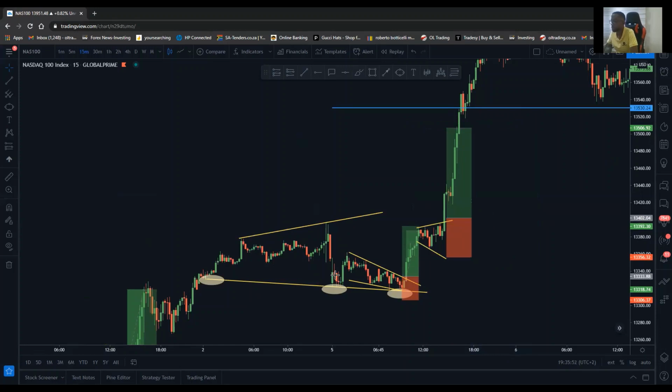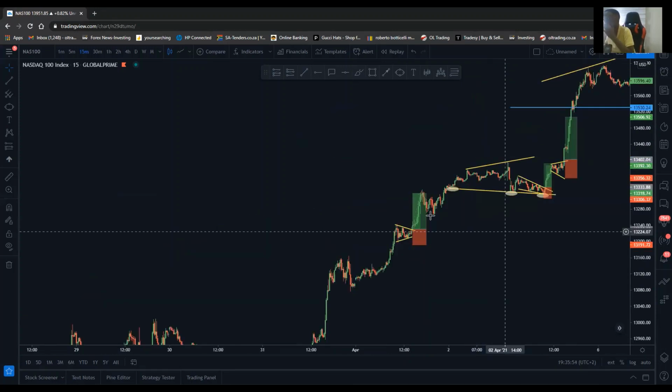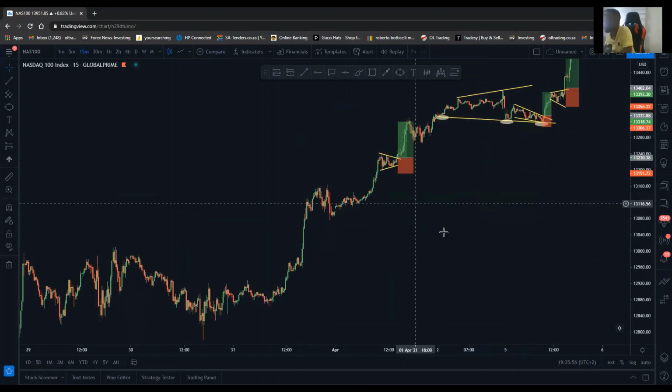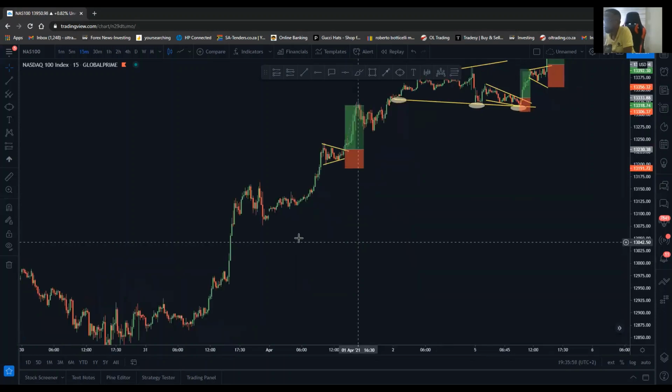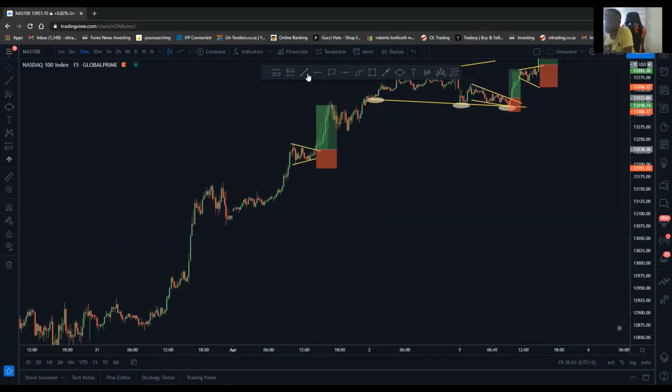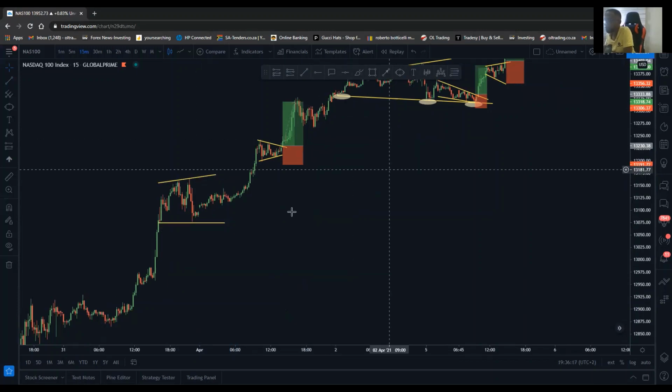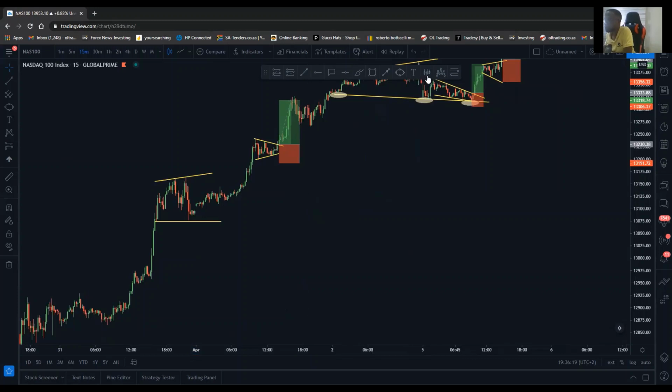Okay, so just look at other ones. Again, this one, you can see it presented a very nice similar double bottom, because you must remember the way I see the market here moved in this manner. Understand? We are having, just do this.